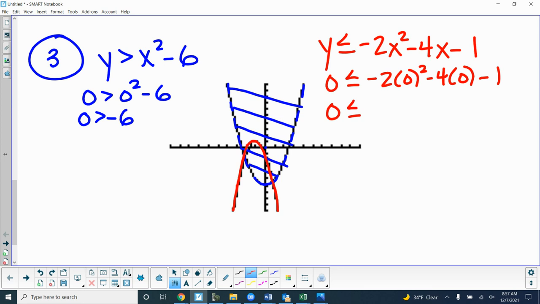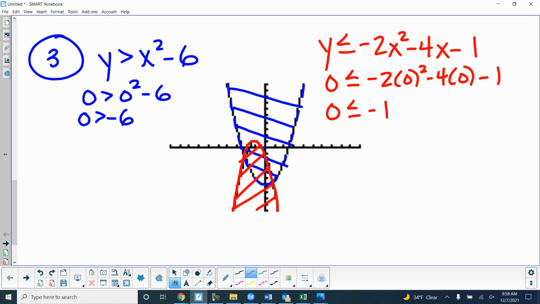Negative 4 times 0 is 0. 0 minus 1 is negative 1. Is that true or false? Is 0 less than or equal to negative 1? False, right? Now, look where 0, 0 is. It's on the outside of it, right? So since it's false, I got to go to the inside to shade. When it's a false statement, you go to the opposite area. You with me on that? So it would be inside here that I'm shading on this one too.